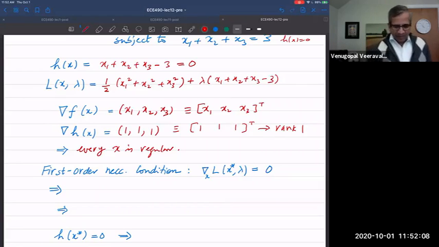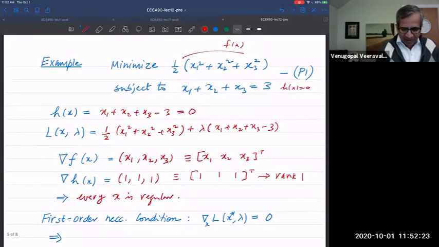So that can happen, but in many examples, all x that you can possibly consider, or all x that satisfy the constraint, are going to be regular.